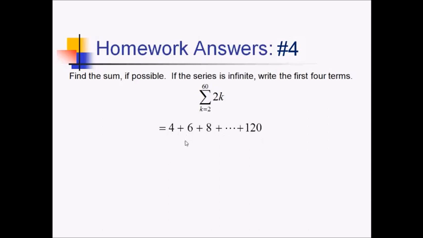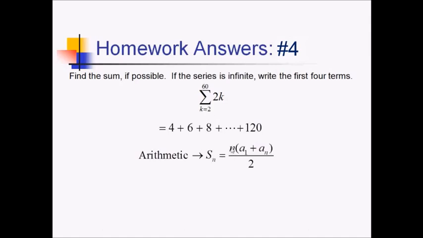Now, since we're adding 2 each time to get to the next number in the series, this is an arithmetic series, common difference of 2. So we can actually use our arithmetic sum formula. That was n times a1 plus an over 2 to add all these together. So we have an n value of, let's see, from 2 to 60, that's going to be 59 numbers.